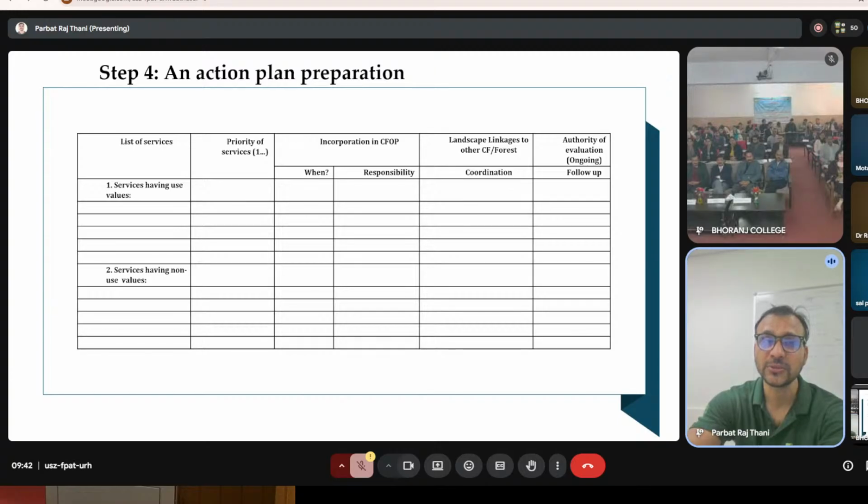Those management systems were included under the action plan: how we are going to do that, when we are going to do that, the responsibility of a particular person or organization or maybe government, the forest sector, to whom we should coordinate, and how to follow up on them. All these things were mentioned inside that action plan. So it was a really good thing and a good experience for us to do.